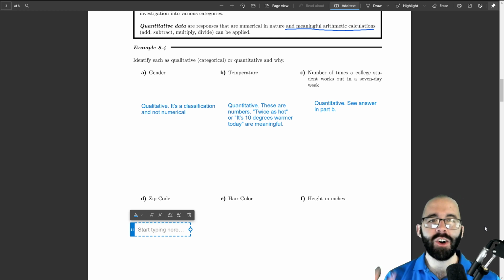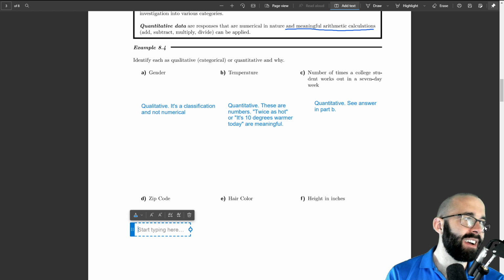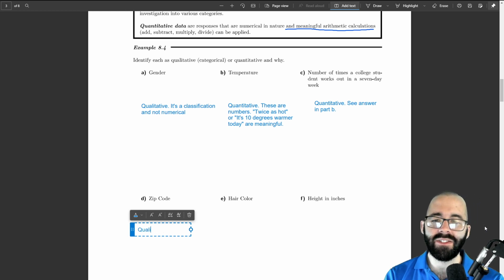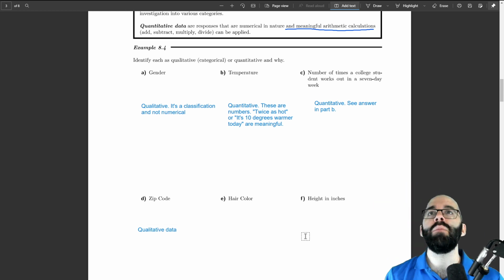No, there is no meaningful arithmetic calculation. You can kind of do it a little bit for distance, but no, this is still qualitative data, right? These are numbers that describe something. It's not like a quantity.